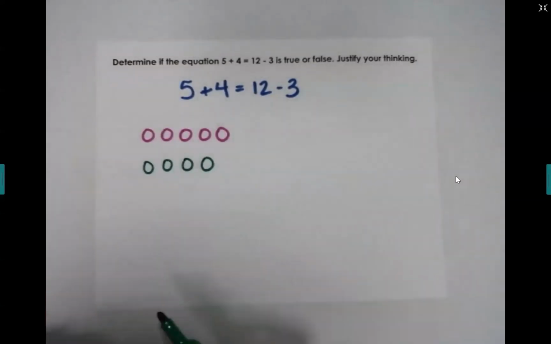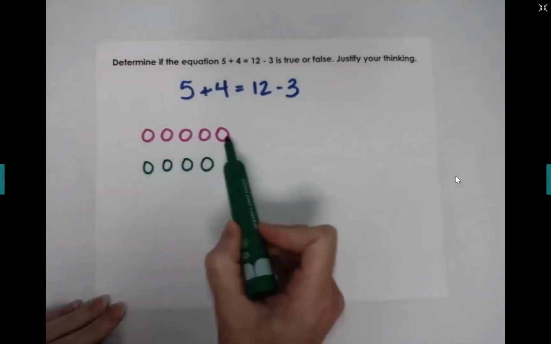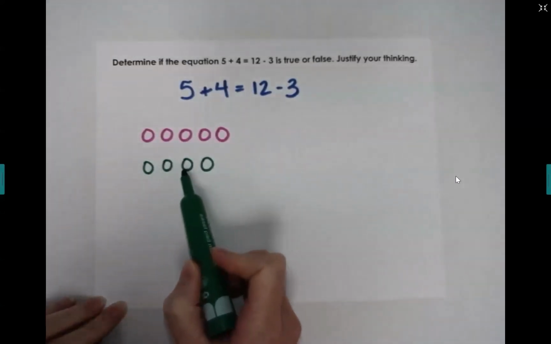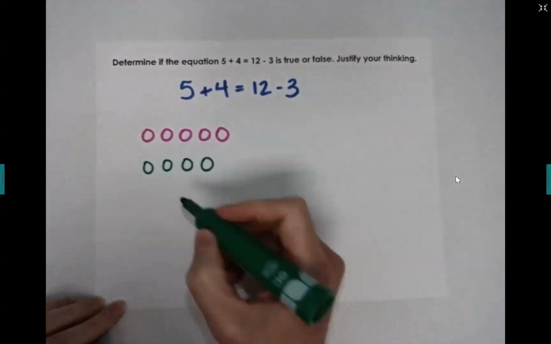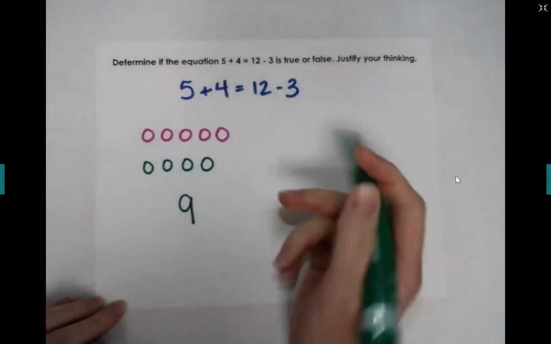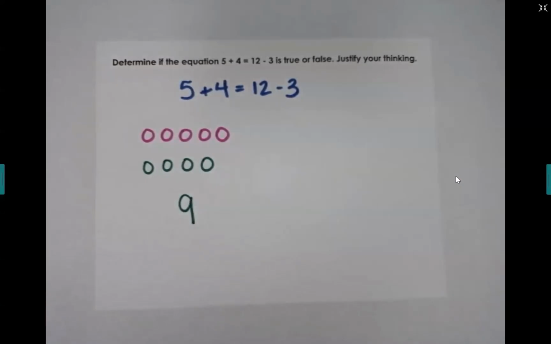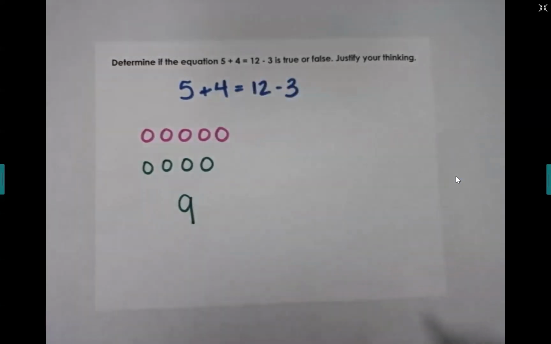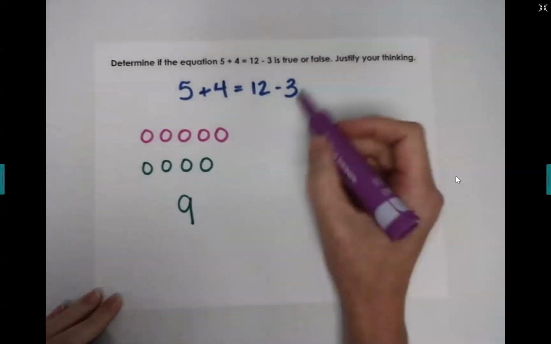And then I can use that counting on strategy. I know I have 5 and I can count on 6, 7, 8, 9. So here in my picture, I can see that 5 plus 4 has a value of 9. Then on the other side of the equal sign, I see 12 minus 3. So I'm going to start by drawing 12.